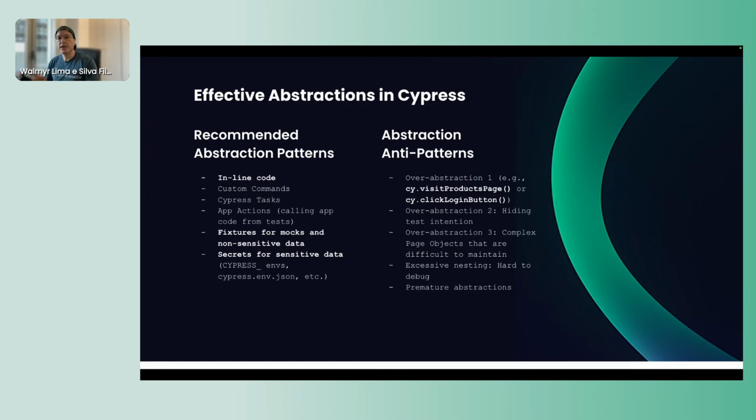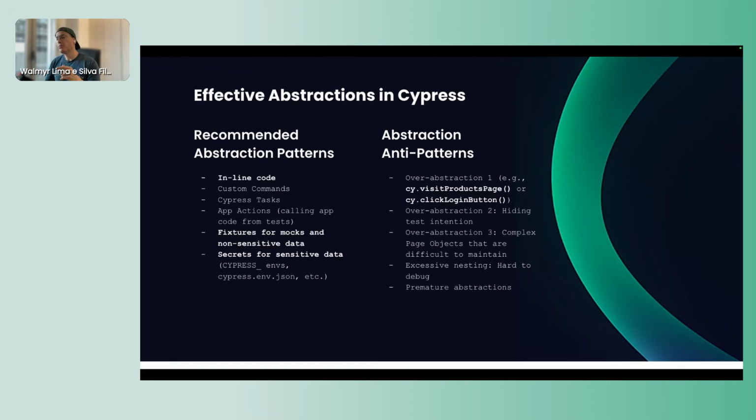Write all the Cypress commands inside the test file. This is the simplest solution you can use to write simple yet powerful tests, right? Leave abstracting it away to a different place for when you need it.